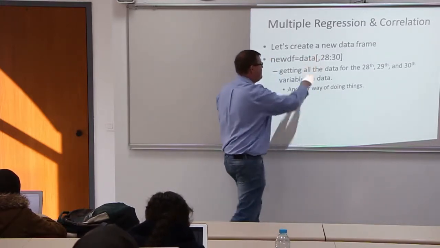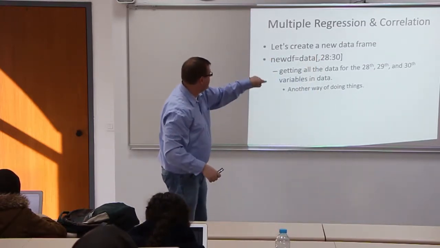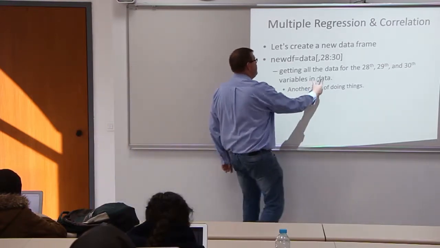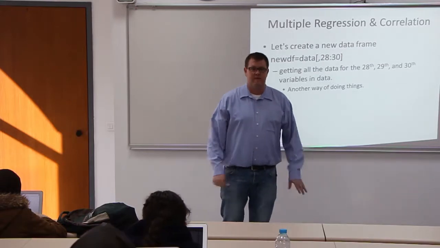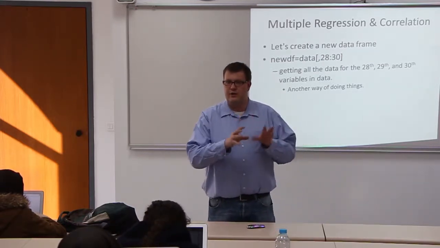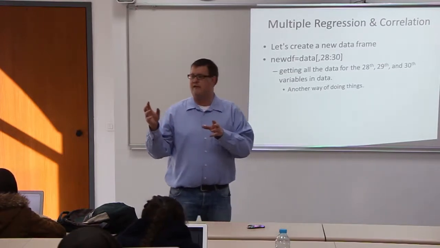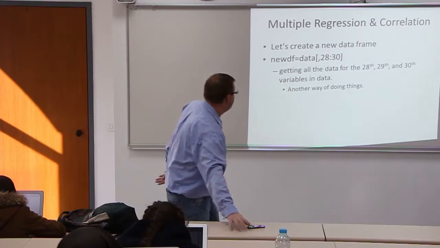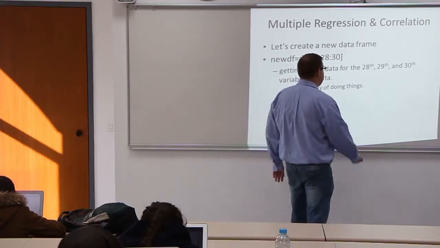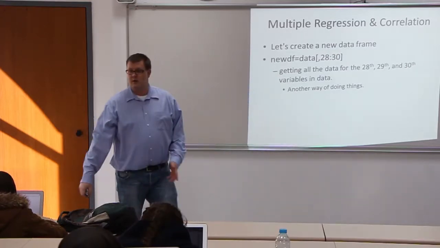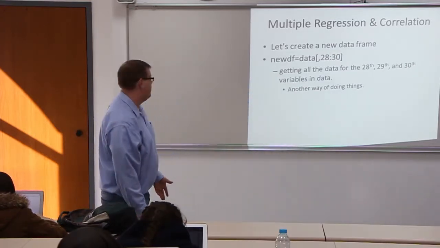We want all of the data for the 28th, 29th, and 30th variables that are in the data frame named data. If you did str(data), you see that there are 43 observations of 32 variables. And if you look down, the 28th, 29th, and 30th are test 1, test 2, and our homework average. What you've been working with on the homework.